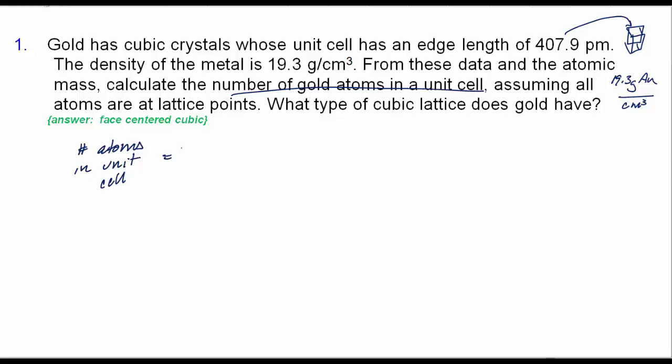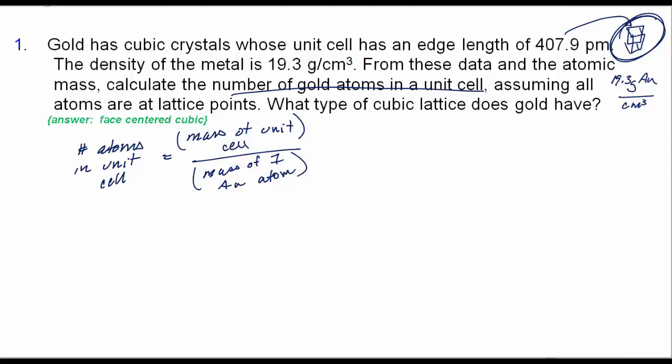How are we going to get it? Let's get the mass of 1 unit cell and divide that by the mass of 1 gold atom. If we get the mass of one of these and then divide it by the mass of 1 gold atom, we're going to get 1, 2, or 4. So how can we get the mass of 1 unit cell?